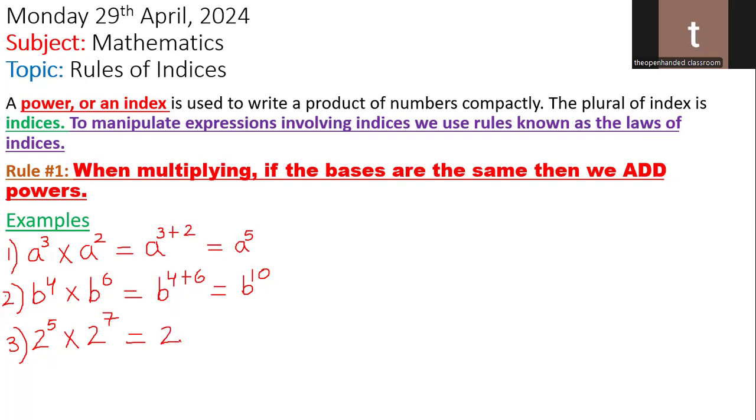I add the 7 plus 5. So you added the indices. Good. So it's going to be 5 plus 7, which is equal to 2 to the power of, what is 5 plus 7? 7, 8, 9, 10, 11, 12. That's going to be 12.